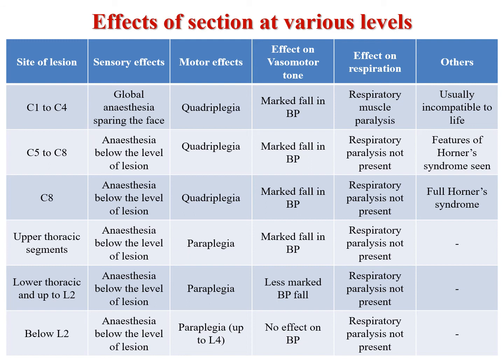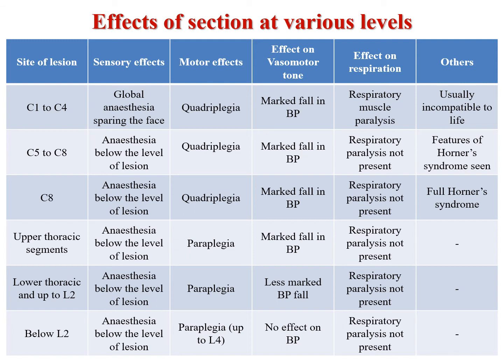Firstly, a lesion between the first 4 cervical segments will have its own effects. Thereafter, a lesion between the 5th and the 8th cervical segments. Then a lesion at the level of the 8th cervical segment.